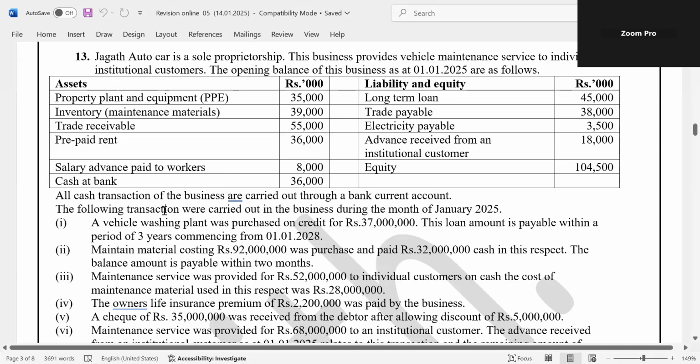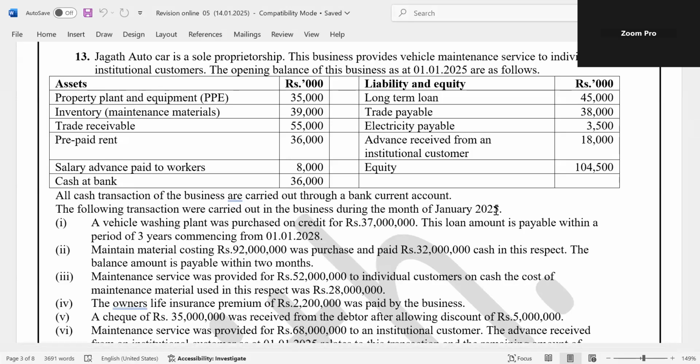All the cash transactions of the business are carried out through the bank current account. The following transactions occur in the business during the month of January 25. Information is given for only a 1 month period, with opening balance also given.